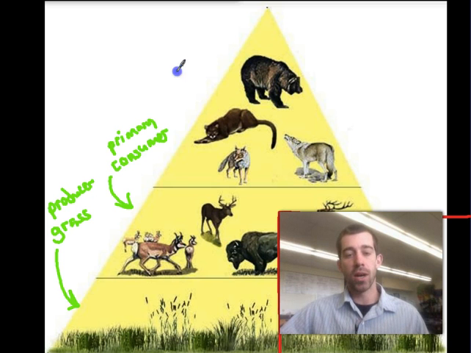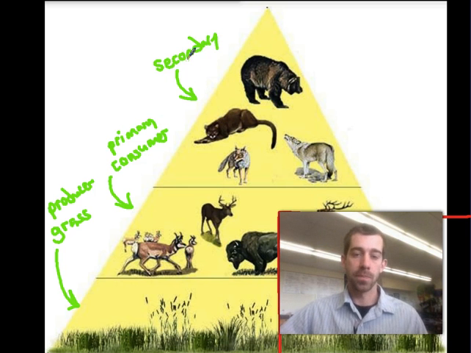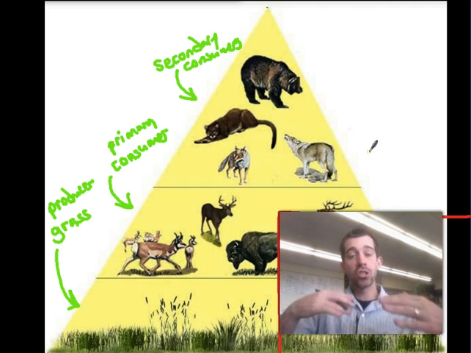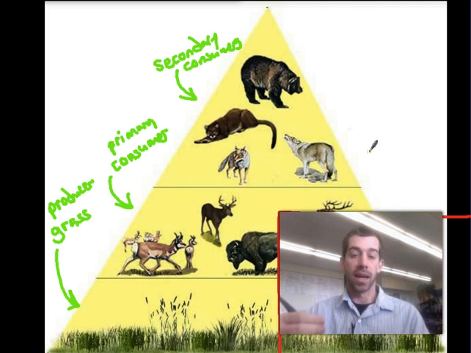And then above them you have what are called secondary consumers, because secondary consumers consume the consumers. And at each level, there's going to be a variety of biotic and abiotic factors that are affecting those organisms.